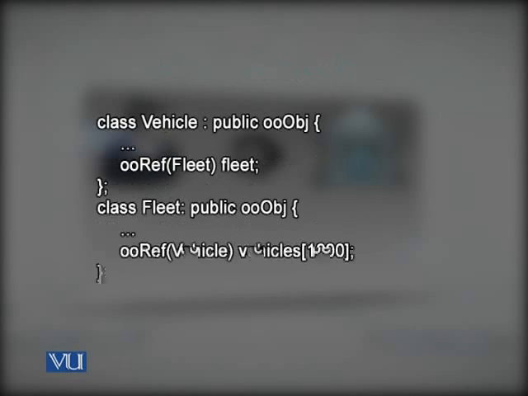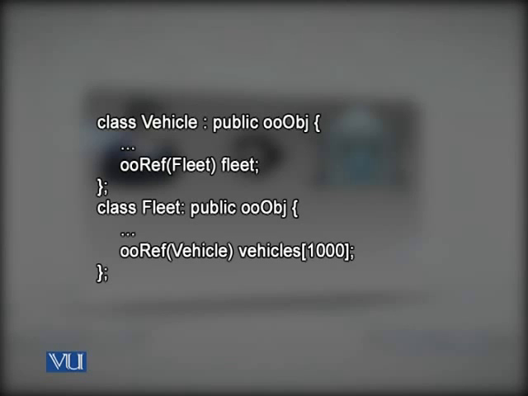Now, as you can see on the slide, there are two class definitions. One is the vehicle, and in the vehicle you can see it contains OOREF to fleet. Fleet is basically the other PCC type, and the fleet starting with the small f is the name of the attribute. Likewise, in the second class definition you can see OOREF, again a smart pointer, and vehicle.